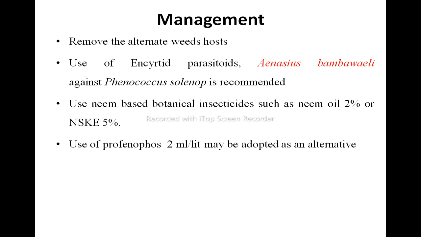And in the chemicals, we should use botanicals like neem oil or neem seed kernel extract 5%. And the second one is profenofos 2 ml per liter. It is an organophosphate. How does it attack the mealybug? It also blocks the activity of the acetylcholinesterase enzyme.